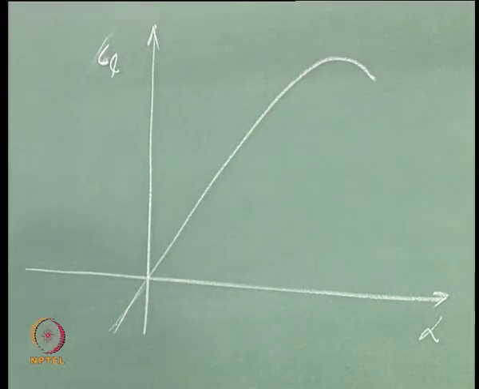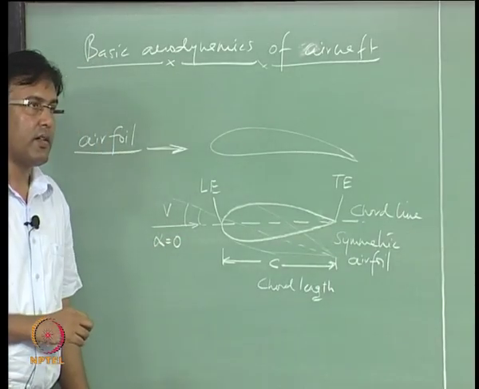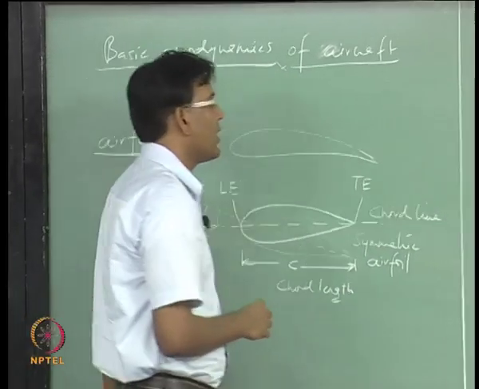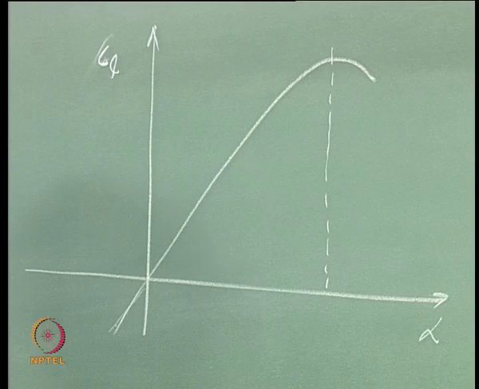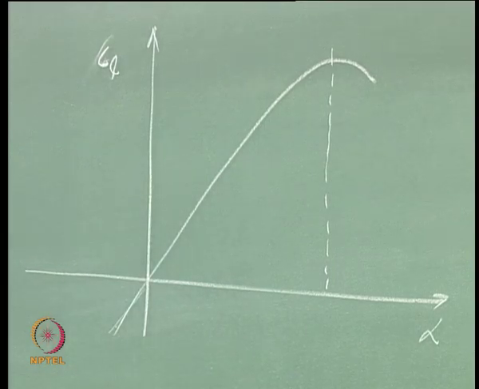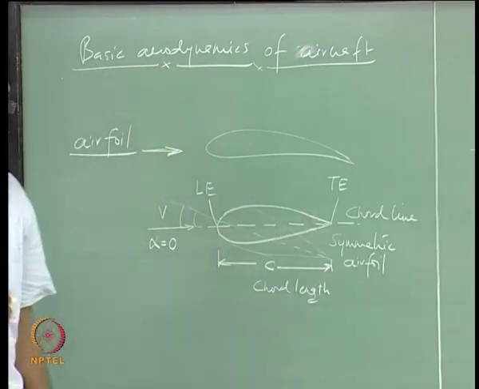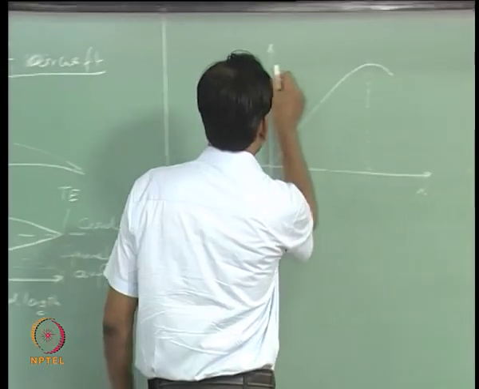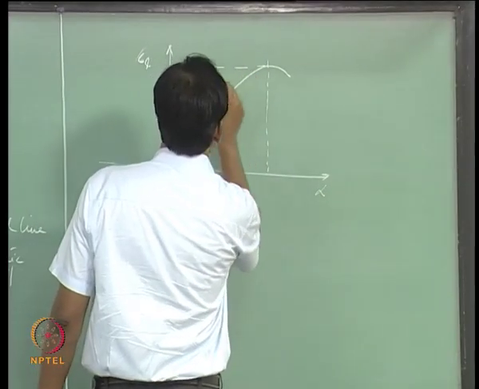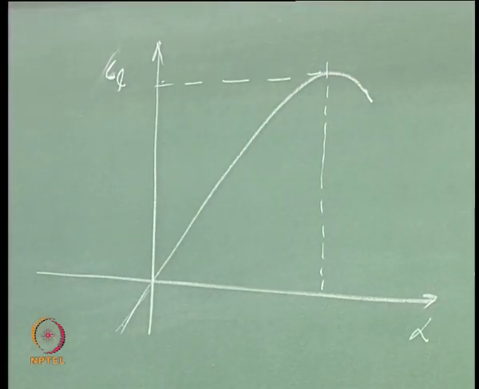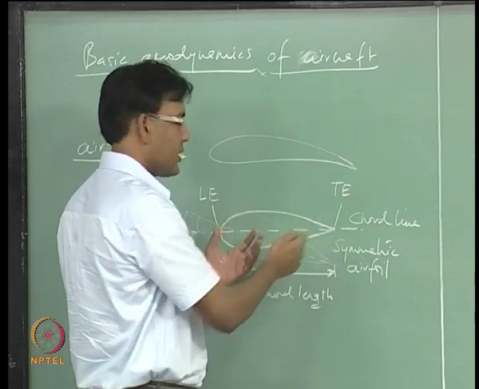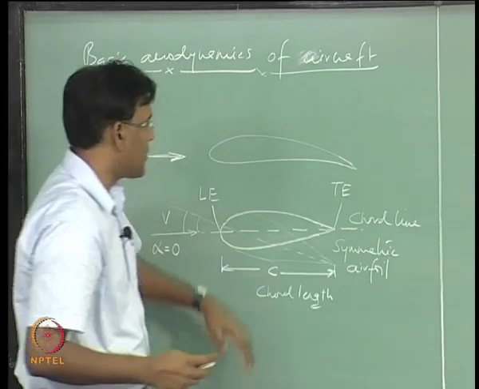It is not possible that throughout you keep changing this angle of attack and you keep getting an increase in lift. At some point, what happens is flow over the airfoil starts separating towards the leading edge, because of which there is a loss of lift. So, the lift actually starts falling down, and that is because of the pressure distribution over the top and the bottom surfaces.